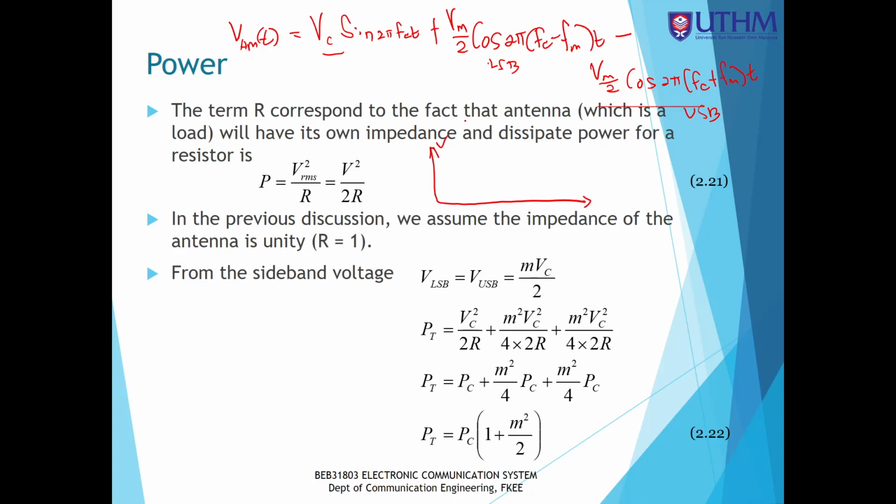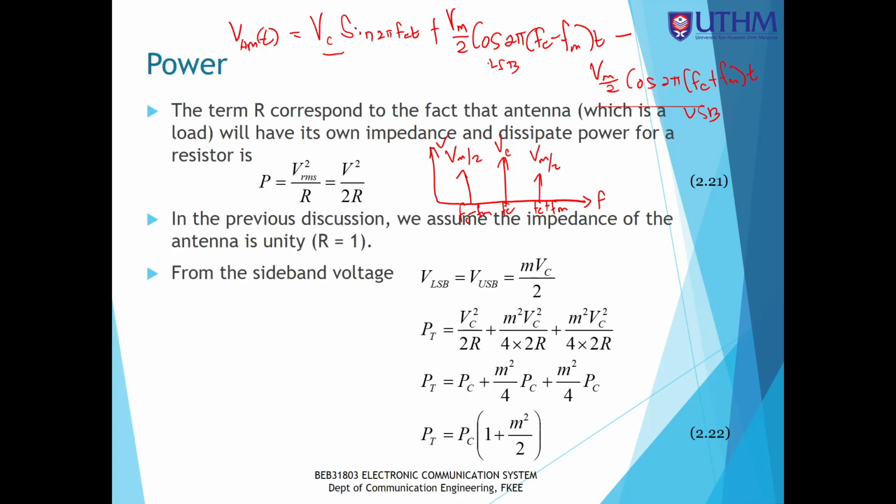This is V versus F. This is Fc, the carrier, this is Fc plus Fm, and this is Fc minus Fm. This is Vc, this is Vm over 2, this is Vm over 2.